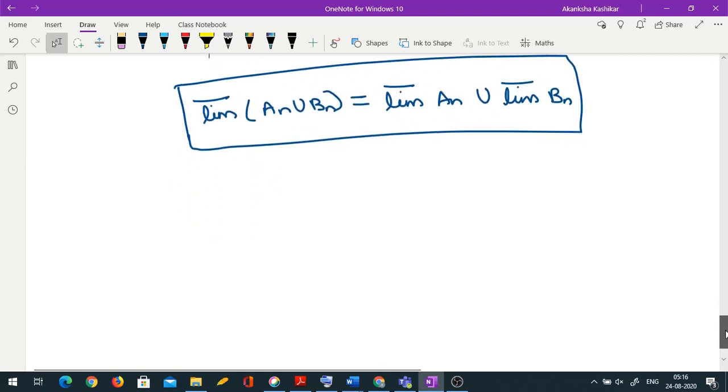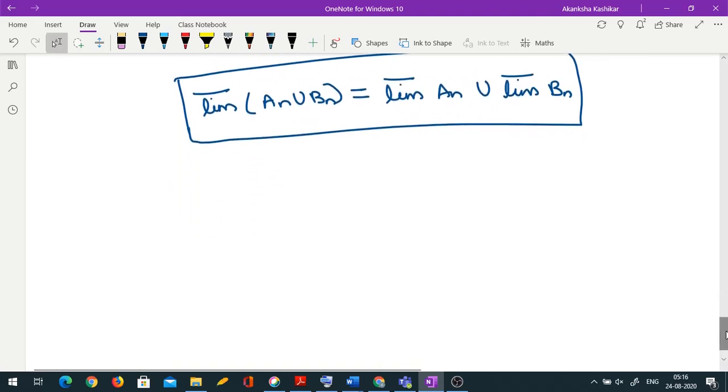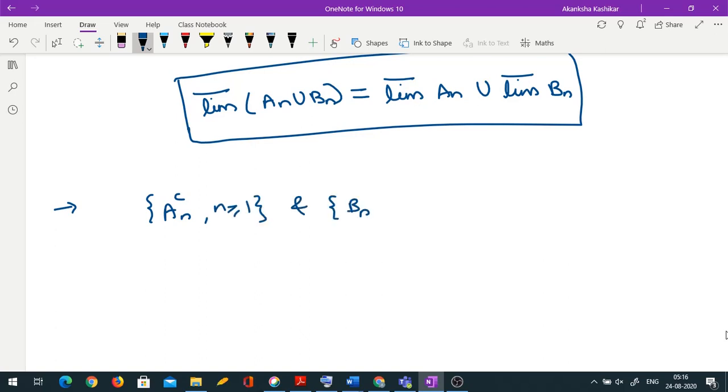Now let us try to use the results that we have proved about complements of sets. What I know from this is, if I had sequences An complement and Bn complement, the result is going to be true for them also.